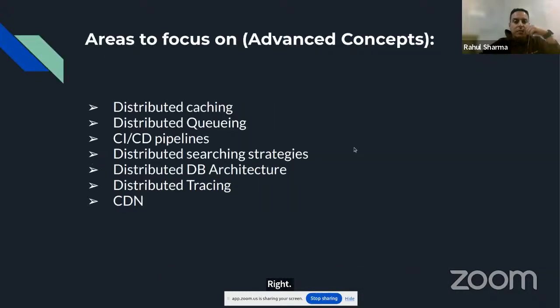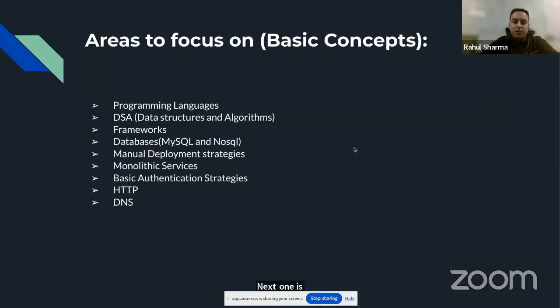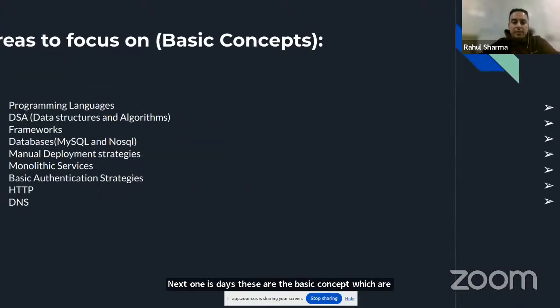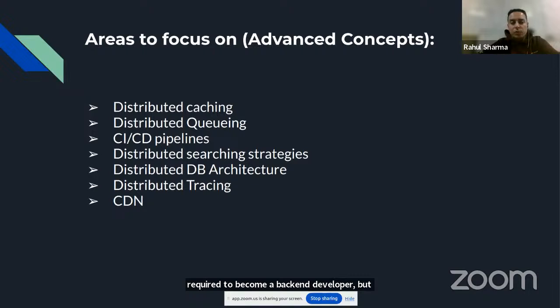Next, these are the basic concepts which are required to become a backend developer, but there are certain advanced concepts which are also required later in the journey to become more proficient and comfortable in the market. So you also need to work on some kind of distributed mechanisms, right?